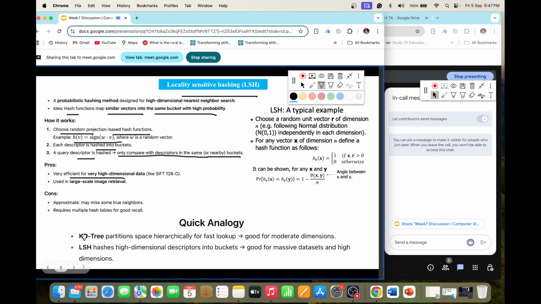Now the analogy: KD tree partitions the space hierarchically for fast lookup and is good for moderate dimension, whereas LSH, locality sensitive hashing, hashes high dimensional descriptors into buckets and is good for massive datasets and high dimension.